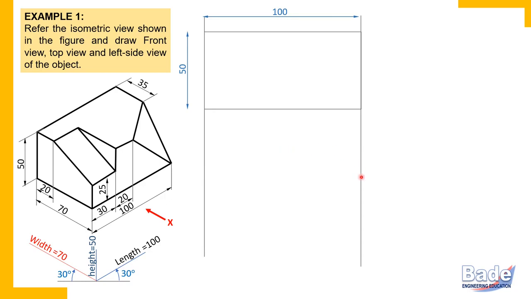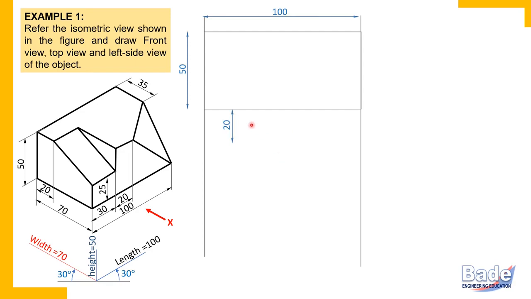But before you draw this rectangle for the top view, remember that this rectangle is not the top view of the object, but it envelopes the top view. When you draw this rectangle, there must be sufficient distance between the front view rectangle and the top view rectangle. So leave some space, 20 millimeters.